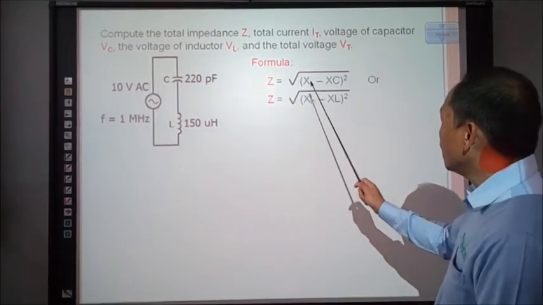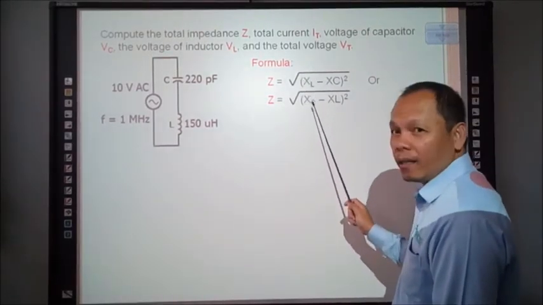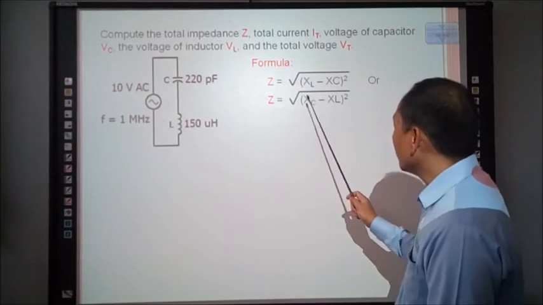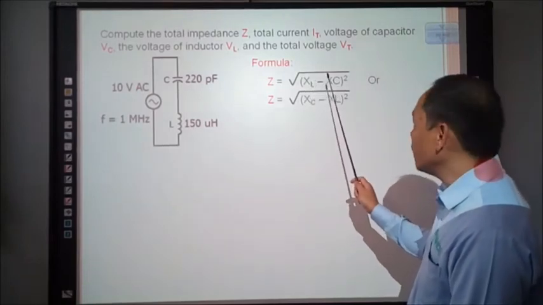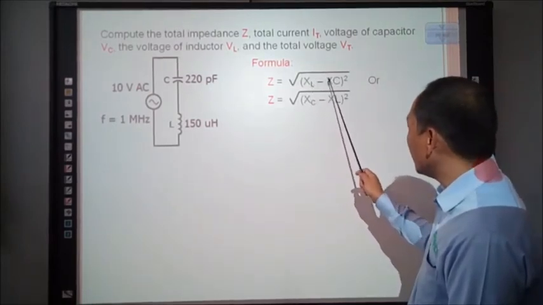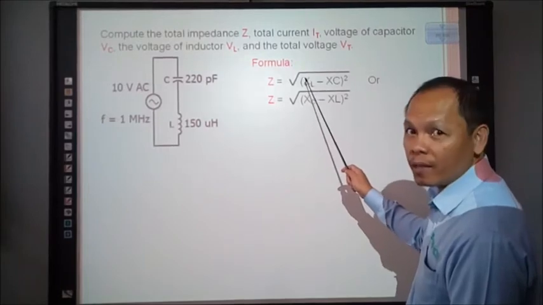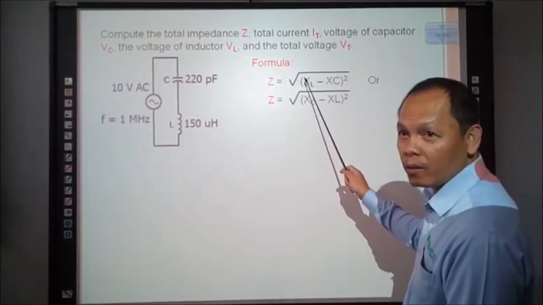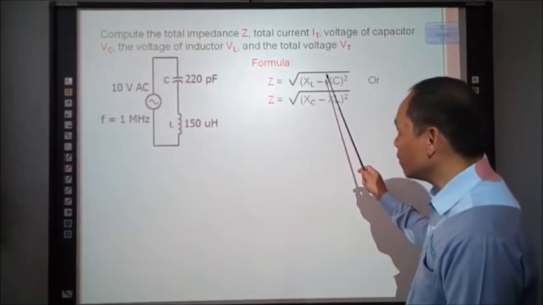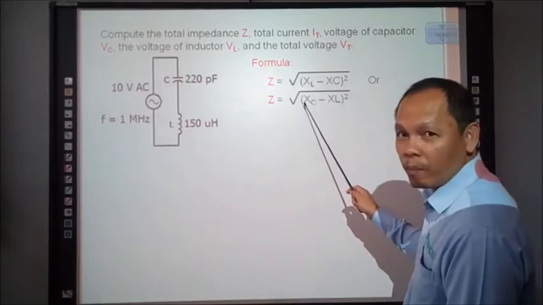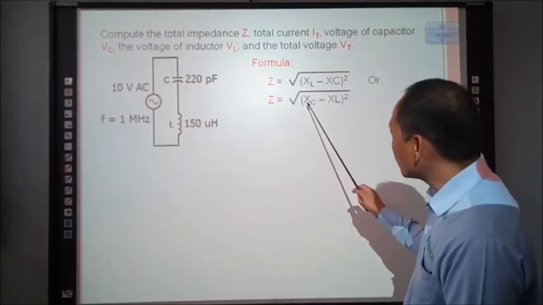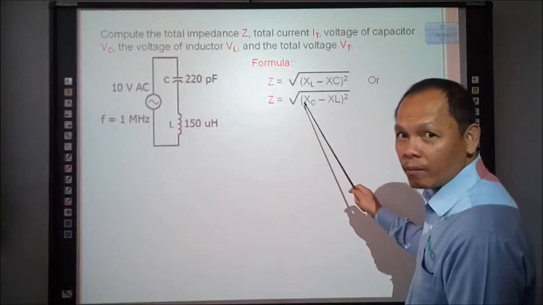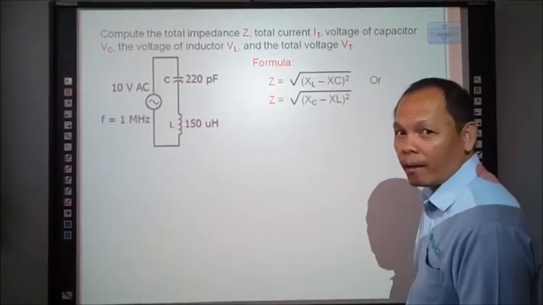Why two formulas here? It's because if XL is greater than XC, you write first the big value minus the small value. If XC is the greater value, you have to write XC first, minus XL.